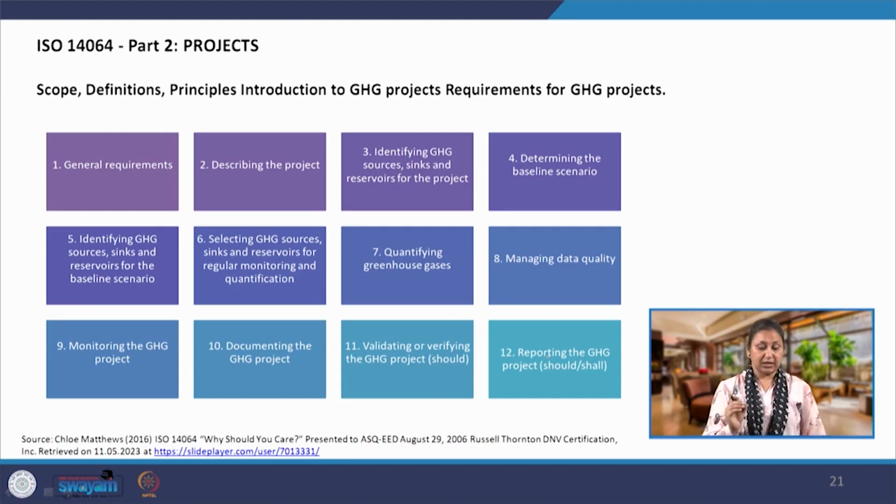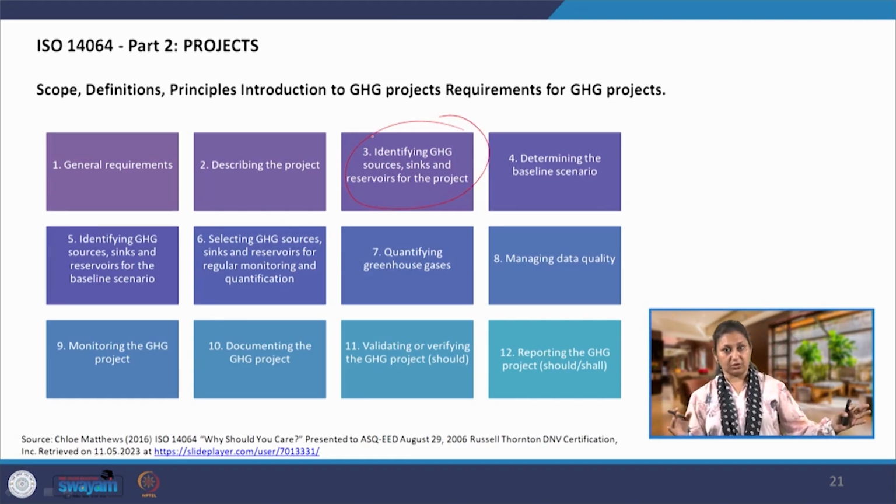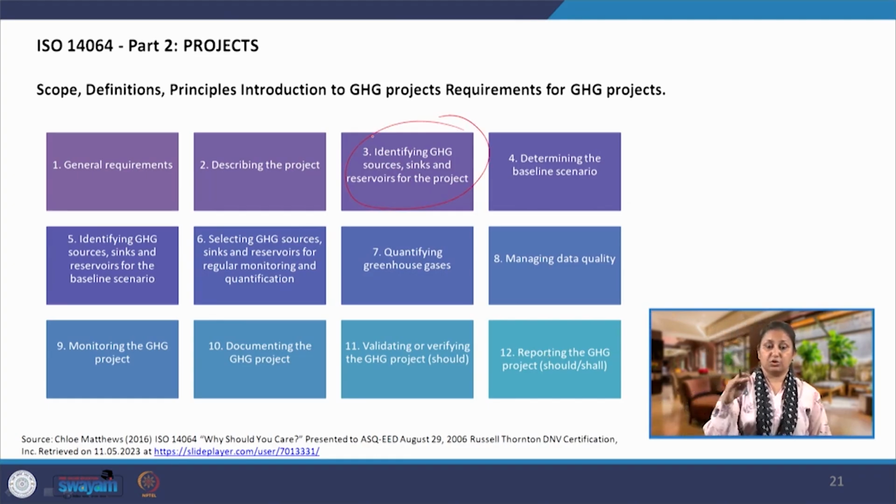So, specifically identify them, determine the baseline scenario, and identify the GHG sources, sinks and reservoirs for the baseline scenario. We have already identified the sources, sinks and reservoirs for the overall project, but for the baseline scenario, what are the sources, sinks and reservoirs? Then we select these sources, sinks and reservoirs for regular monitoring and quantification.